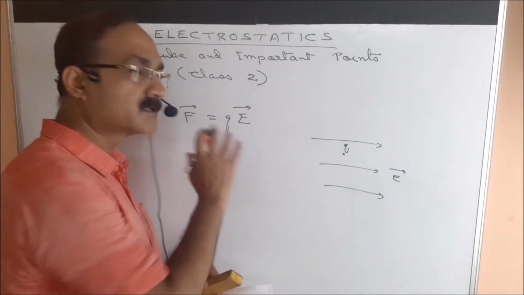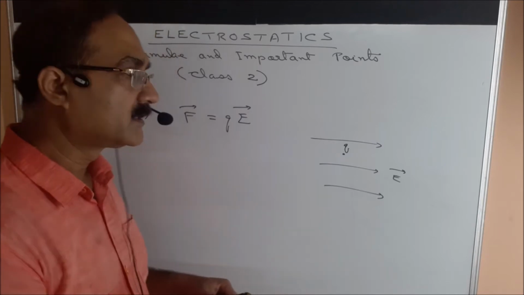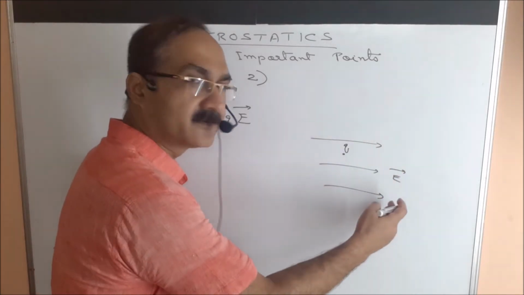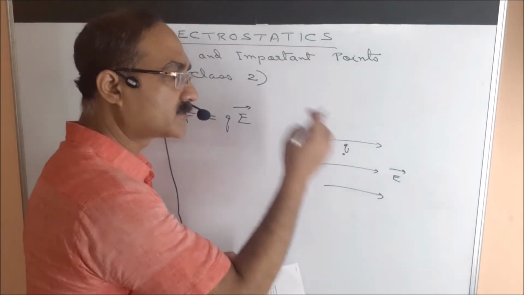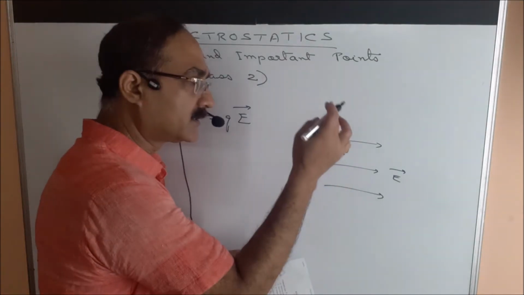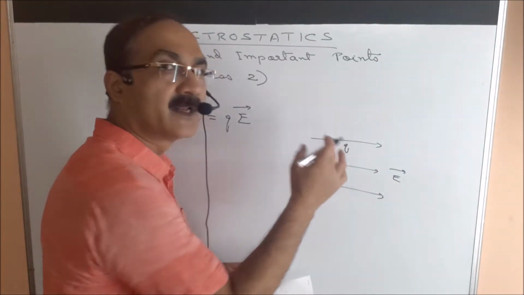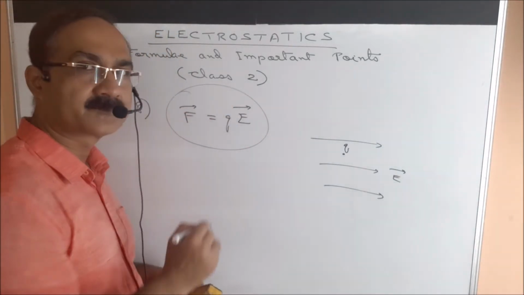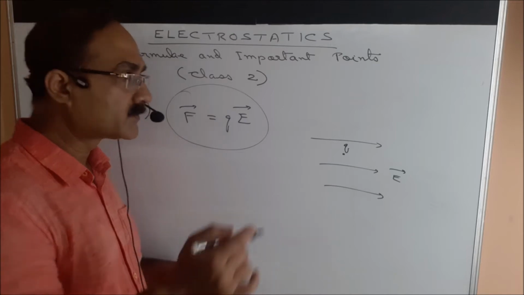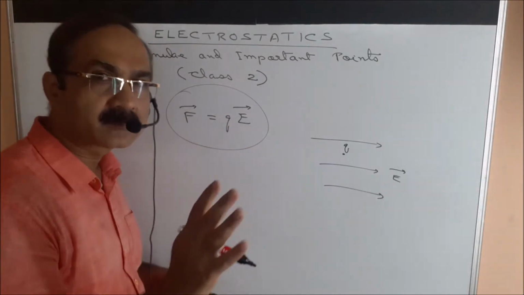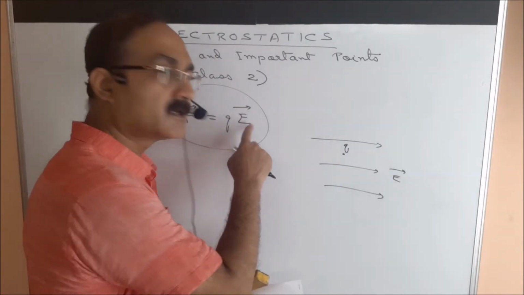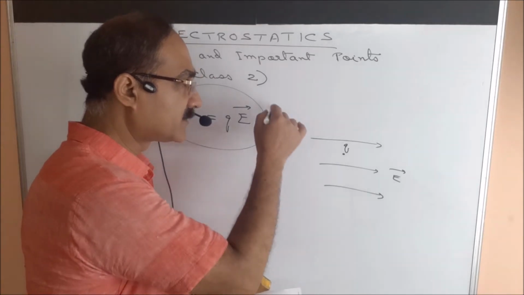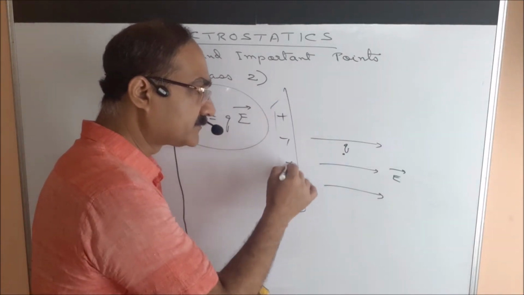This formula is for that situation where in a particular region of space there exists an electric field. We are putting another charge small q there. Then this small charge will experience a force. That force is given by this equation. Okay? So this electric field is not due to this charge. This electric field is due to some other charge. So there may be a charge here, there may be a charged plate here.